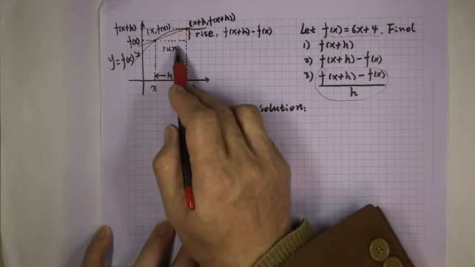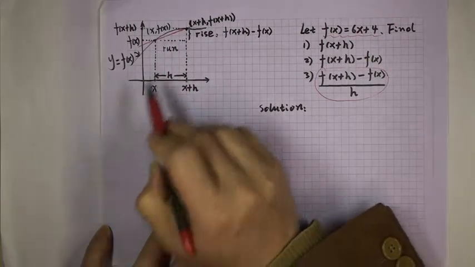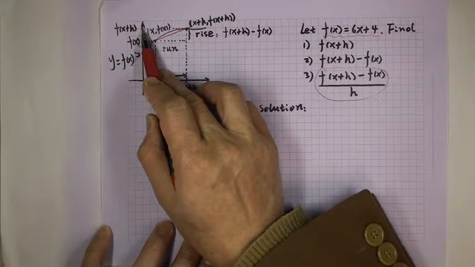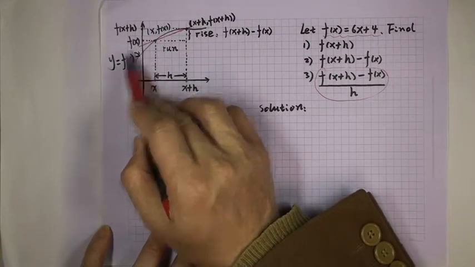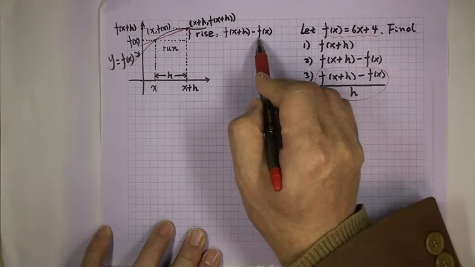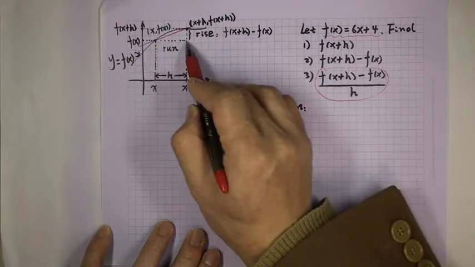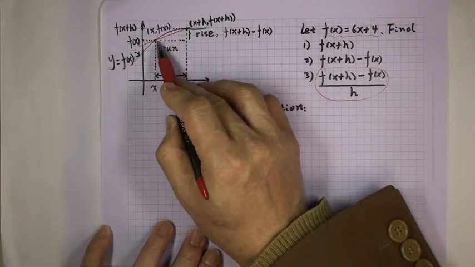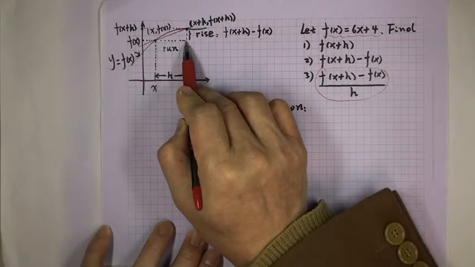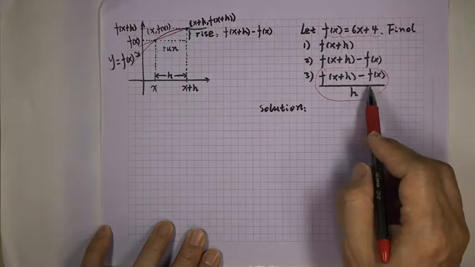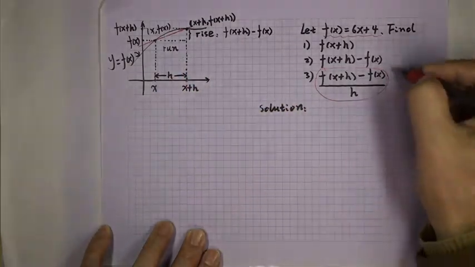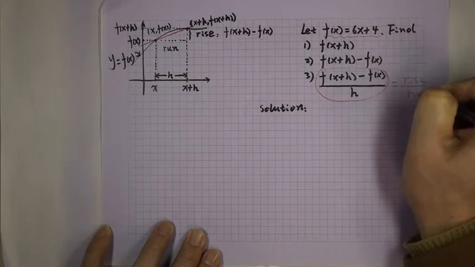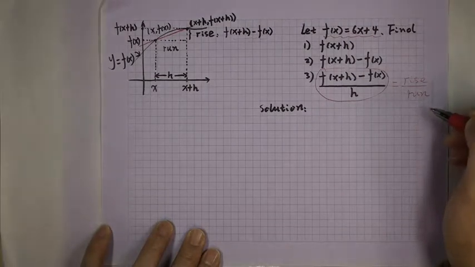The amount of run is h. And then the rise is the difference between f of x plus h and f of x. So this one stands for the rise. Vertically, it goes from here to here. Horizontally, it goes from this point to this point. So this quantity is rise over run. That's the meaning of this one.